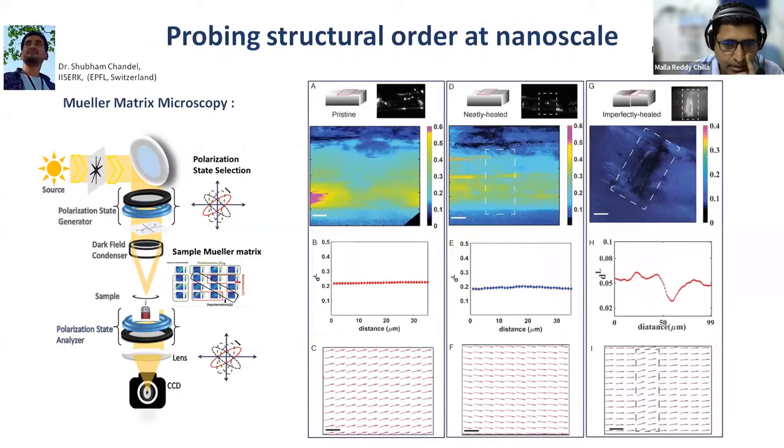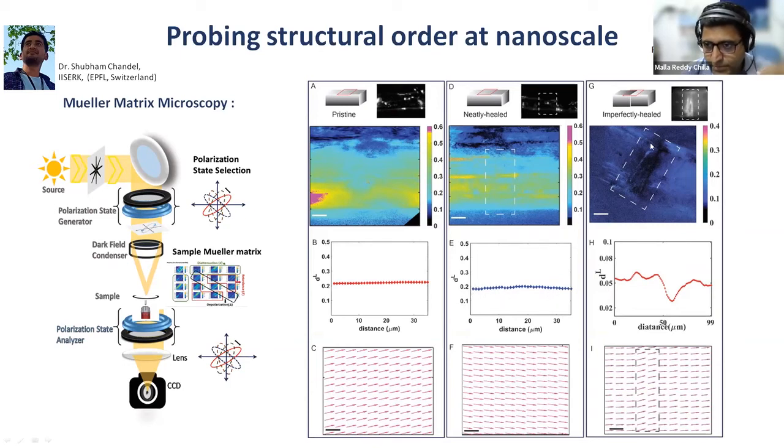So then we talked to our colleague who works on Mueller matrix microscopy. Using his technique, he can look at the polarization of the light that comes out from the crystals. So he found that the pristine crystals had the highest order parameters, and the neatly healed crystals also had very close order parameters.